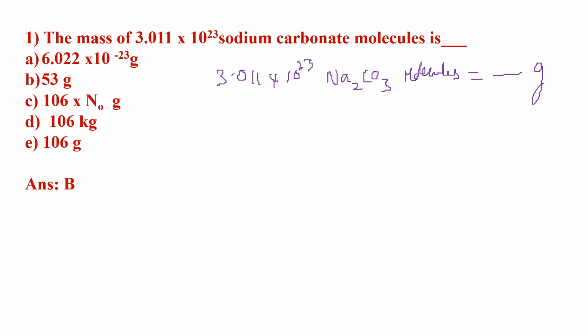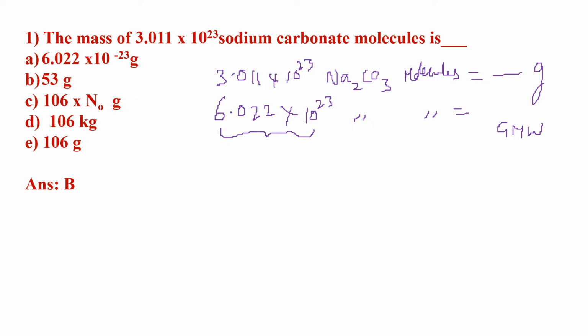Then, according to our standard statement, any substance with 6.022 into 10 to the power of 23 molecules, this figure is constant and is known as Avogadro's number, is equal to the respective gram molecular weight.